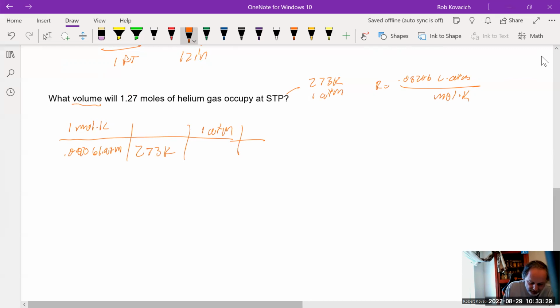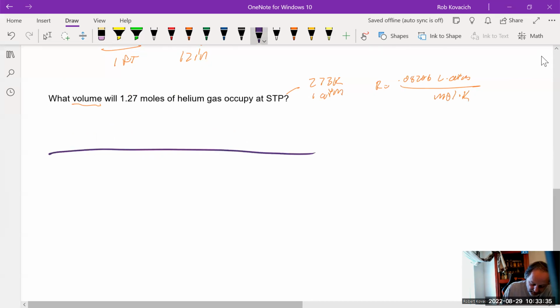Oh, darn it. We were looking for volume. I messed that whole thing up. Let me start over. So we'll go ahead and write 0.08206 liter atmospheres mole Kelvin. There we go. Start over.